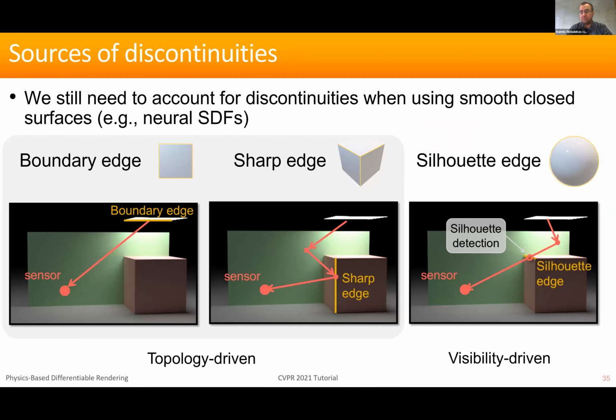And lastly, I want to mention that some of these discontinuities appear because of discontinuities of surfaces, such as boundary edges and sharp edges. But even if we are using smooth, watertight surfaces, for example, implicit representations, SDFs, occupancy functions, or neural variants of those, we still need to be mindful of discontinuity terms.